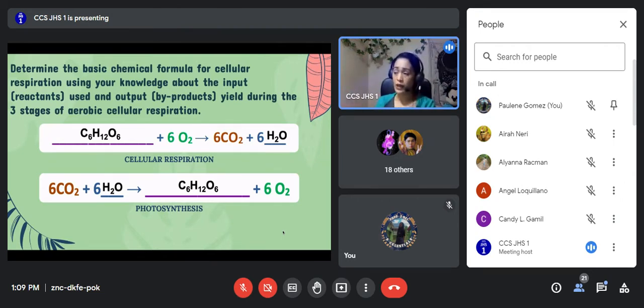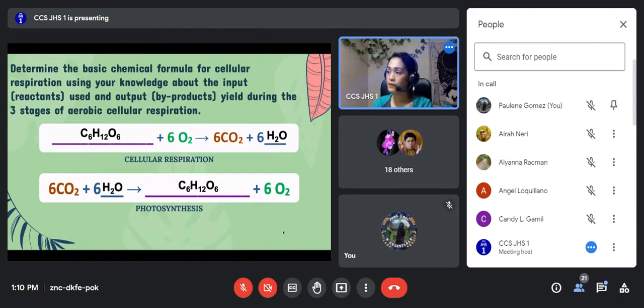And below that is another chemical equation. This time it's representing photosynthesis. Now, looking at the chemical equations, what do you notice between the chemical equation for cellular respiration and photosynthesis? Are there similarities or are there differences?